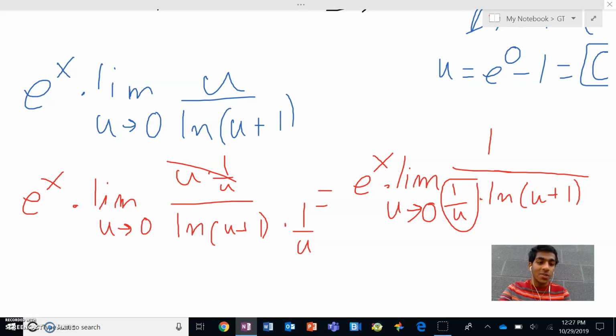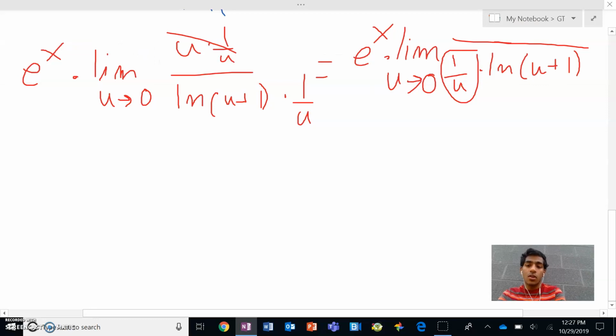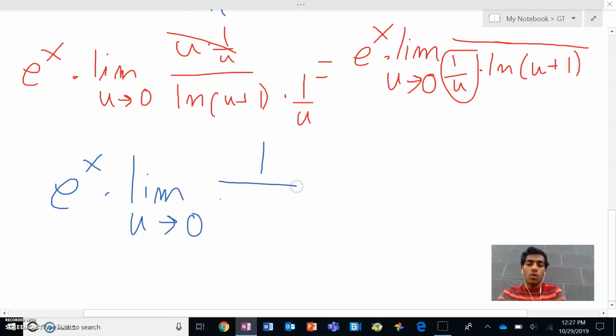So the 1 over u goes up there. Let's scroll down for more room. That's e raised to the x times the limit as u approaches 0 of 1 over the natural log of u plus 1 raised to 1 over u.